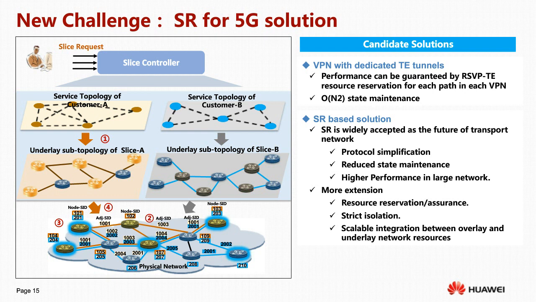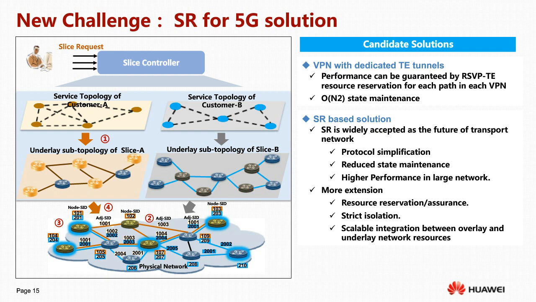One is the traditional TE tunnel. The performance can be guaranteed by RSVP-TE resource reservation, but there is a scalability problem. Another selection is an SR-based solution. Actually, right now it looks like SR is widely accepted for the future transport network.